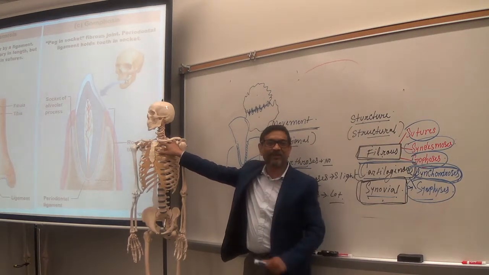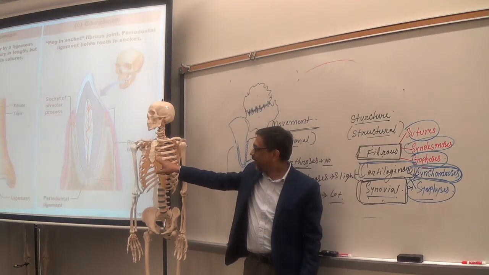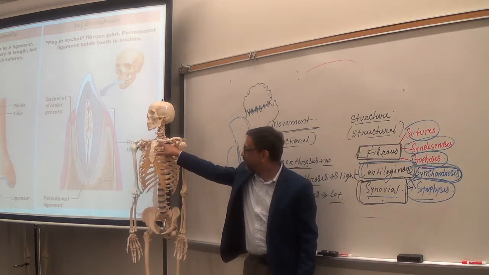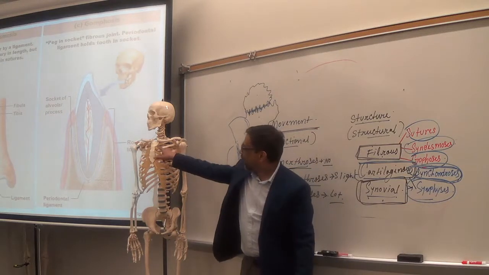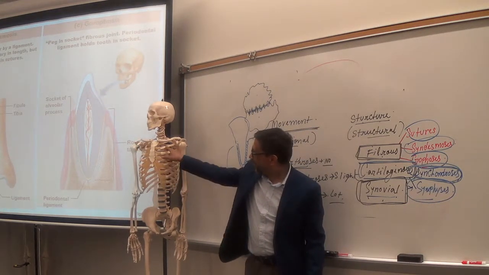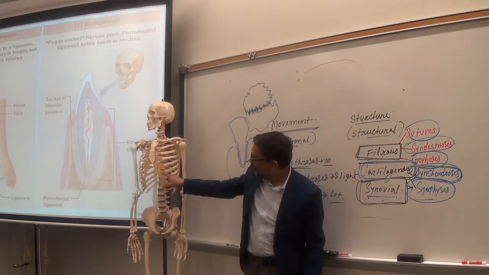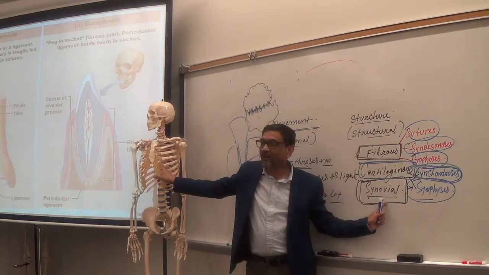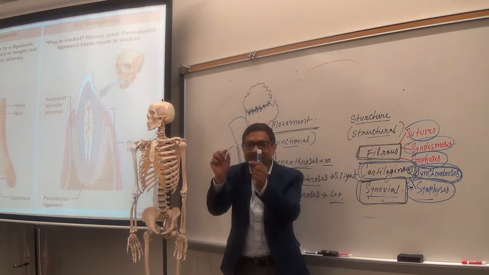Now there is an issue here. What is that? Only the first rib and sternum, this is synchondrosis. Although all these other ribs are connected to the sternum by hyaline cartilage, they belong to synovial joints. Why?